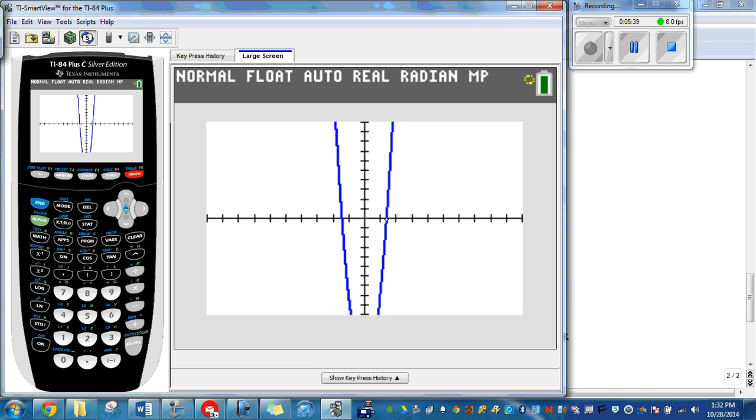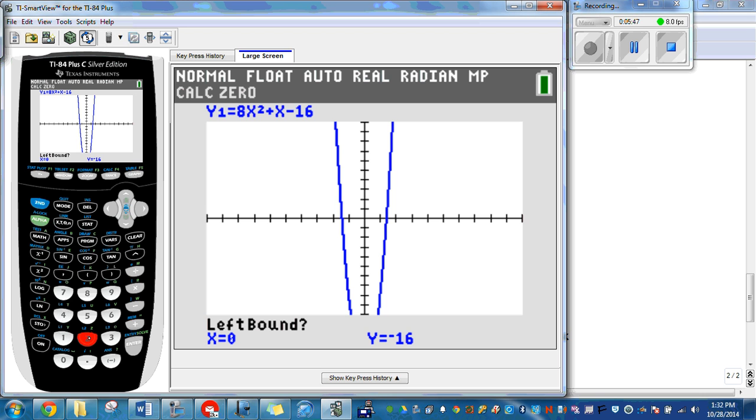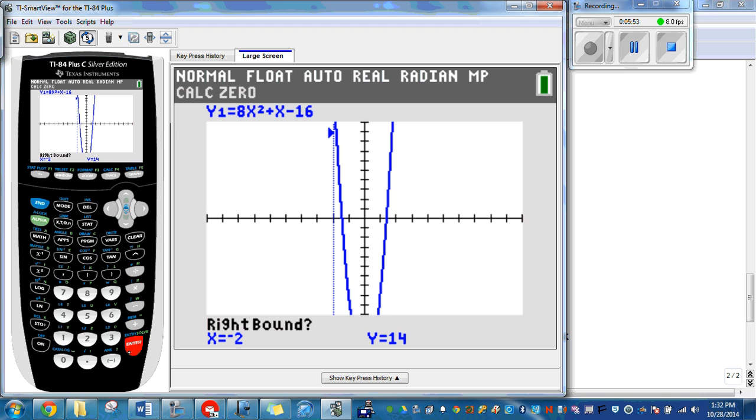Well, it looks like we have two different answers. So we can do second trace. We want to calculate the 0 over here. So I'm going to put in -2 for my left bound and -1 for my right bound, and hit enter.